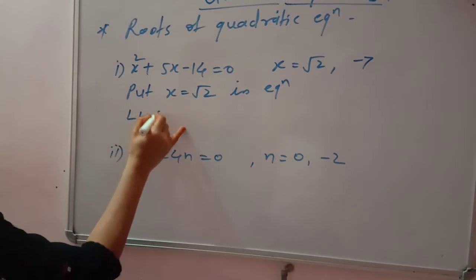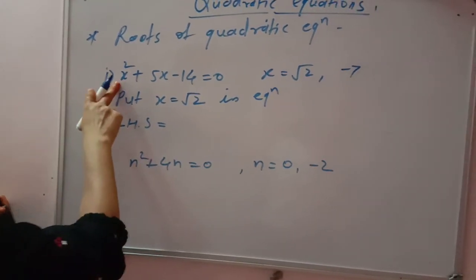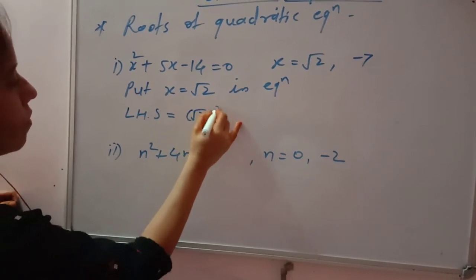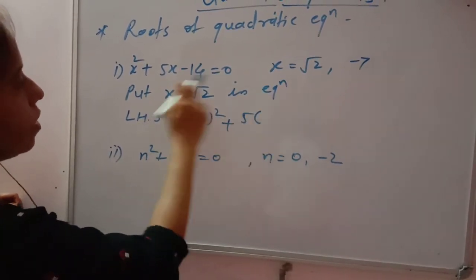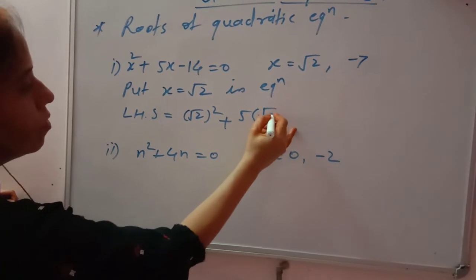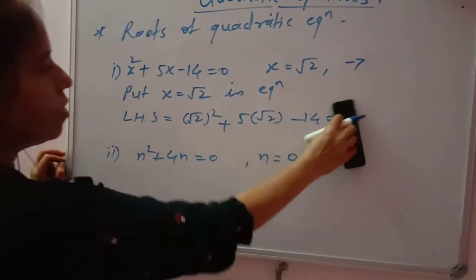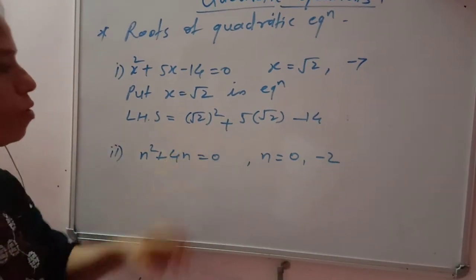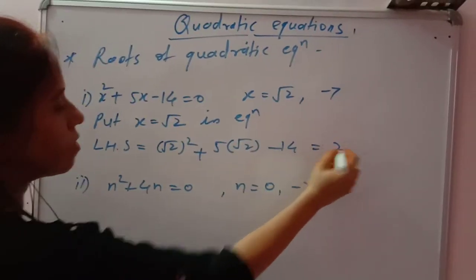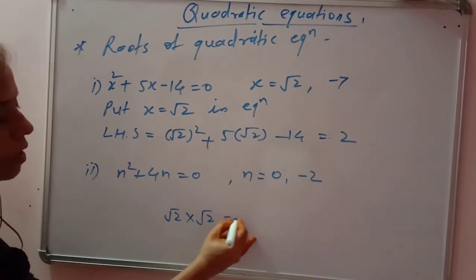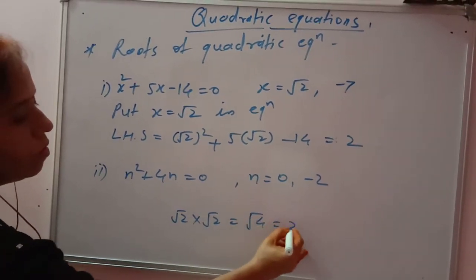LHS equal to, put x equal to root 2, that is root 2 square plus 5 into the value of x, which is root 2, minus 14. You have to check only LHS. The square of root 2 is root 2 multiplied by root 2, that is root 4, equal to 2.